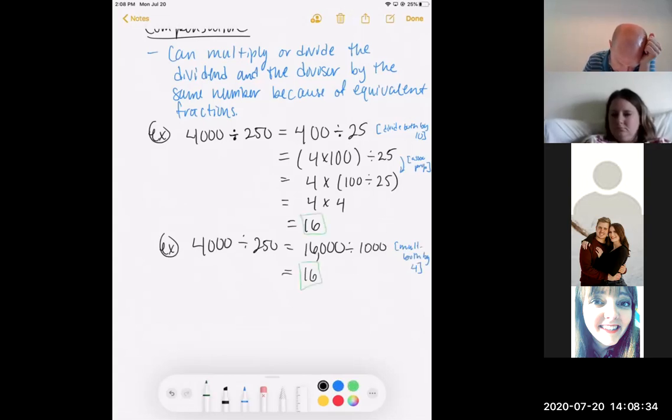Next one is 900 divided by 60. Any thoughts about how I should approach that one using compensation?